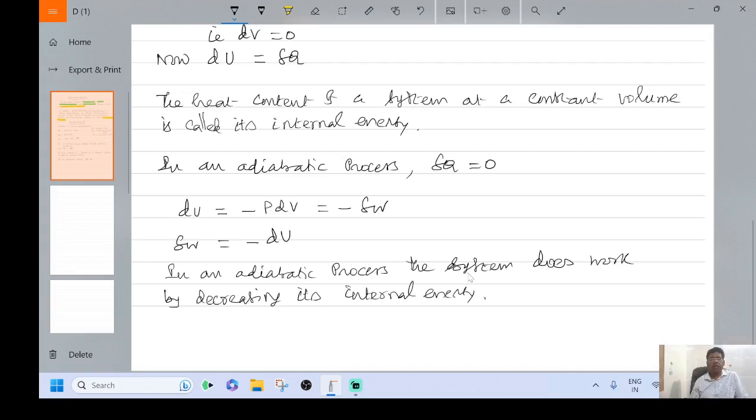This is a valid point. Then only we can call this function a thermodynamic potential. If the process is adiabatic, work done is possible only by decreasing its internal energy.